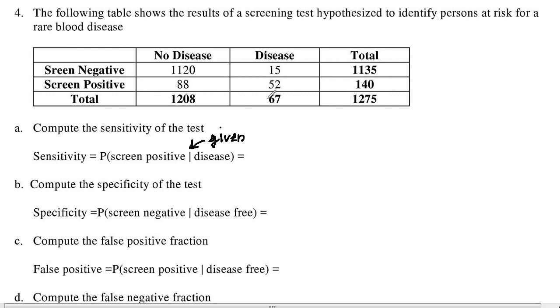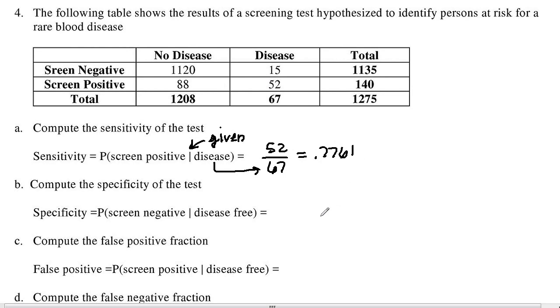So you look at the disease column, that's 67, that's our denominator. So the given condition determines the denominator. Now, out of those 67, how many had a positive screen? Well, screen positive is this row, that's 52. So 52 out of the 67. And let's see, I got 0.7761.